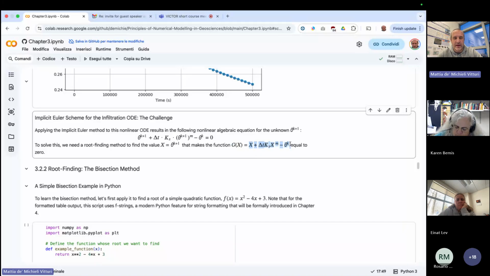So we need to find a solution of a nonlinear equation. This can be done numerically, but for sure it's more computationally expensive than the simple explicit scheme. And let's see how we can find a solution of a nonlinear equation.